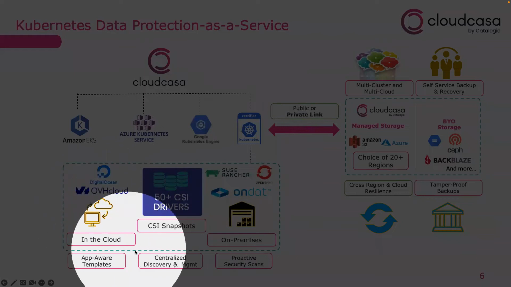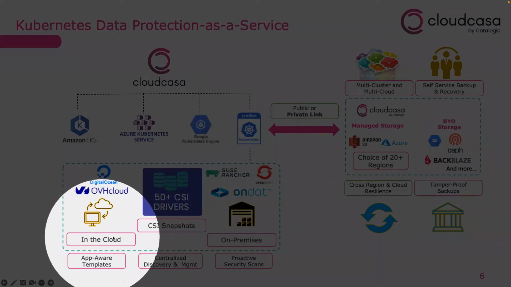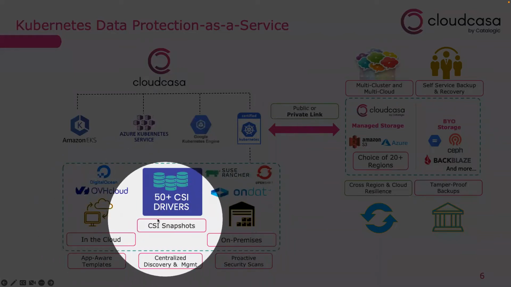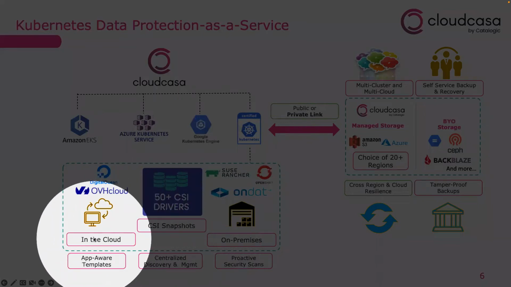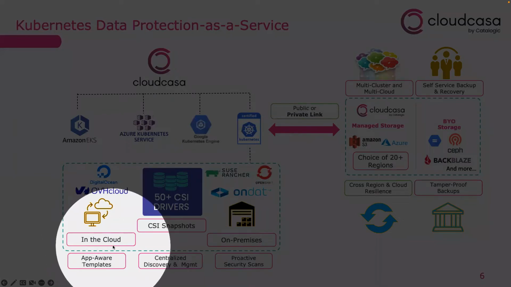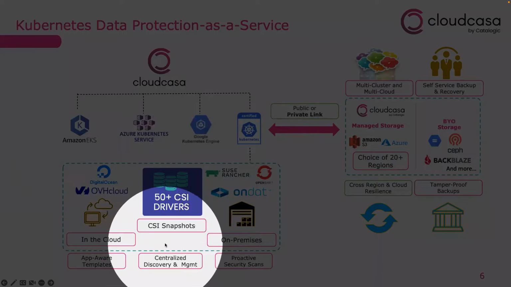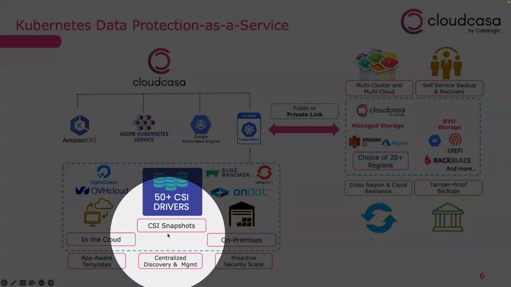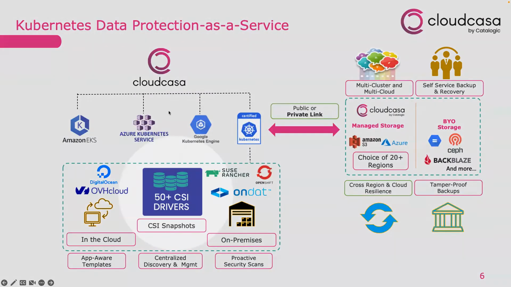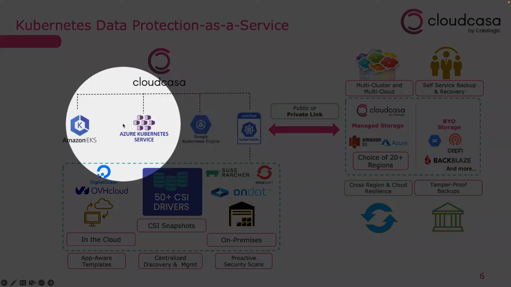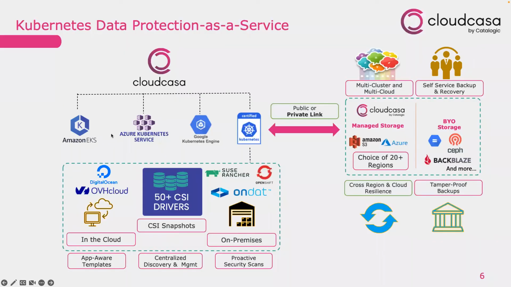You might be running all different storage. You might be running in the cloud. You might be running on premises. CloudCasa does provide application-aware templates to create application-consistent backups. And also, they provide centralized discovery and management. So that means if you're running on any one of the supported public clouds, life is a lot easier. I just tried last week.